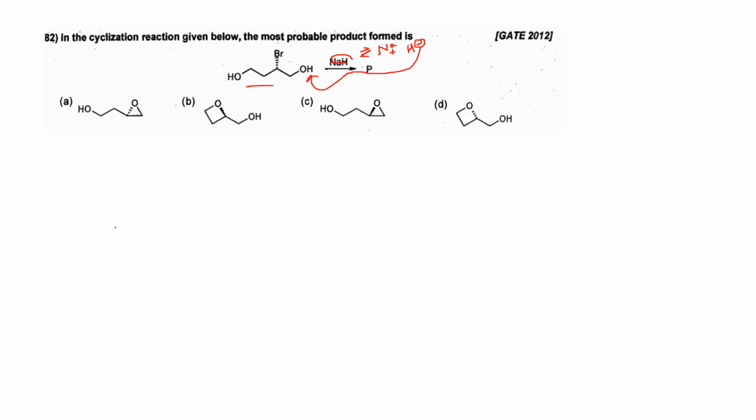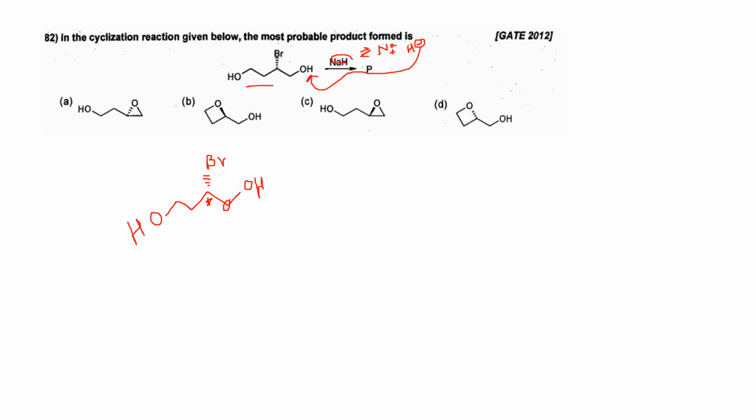If we try to draw the substrate, this bromine is below the plane, whereas they haven't shown the stereochemistry of the OH because it's not a chiral center. This is not a chiral center, but this is a chiral center.